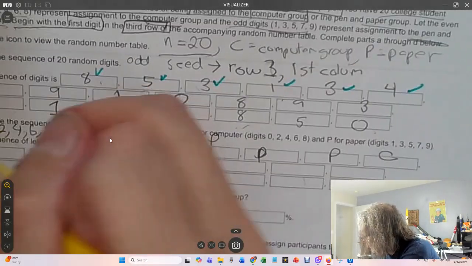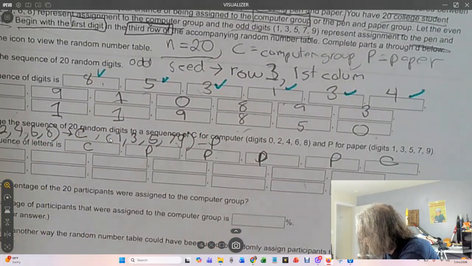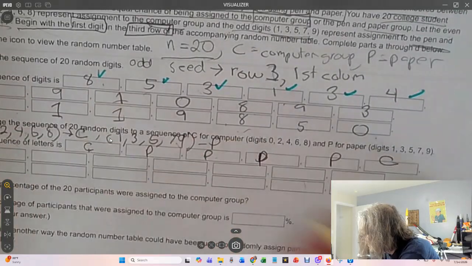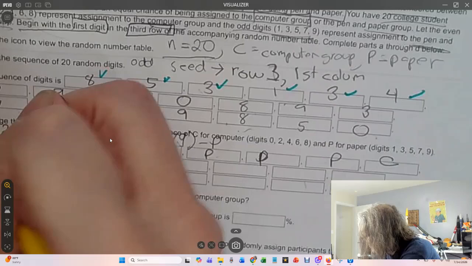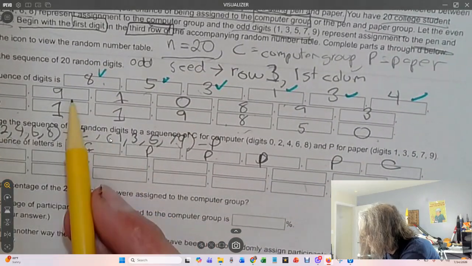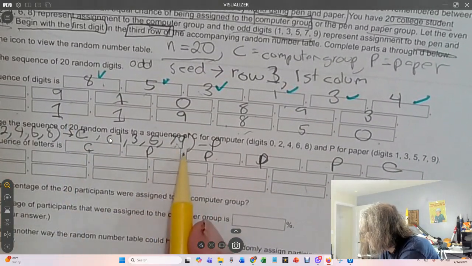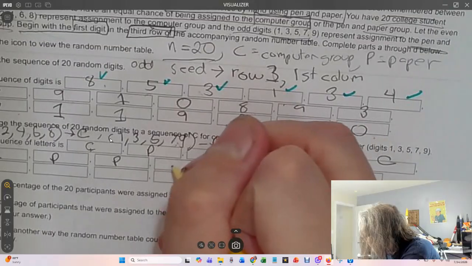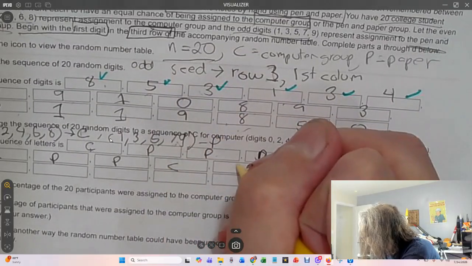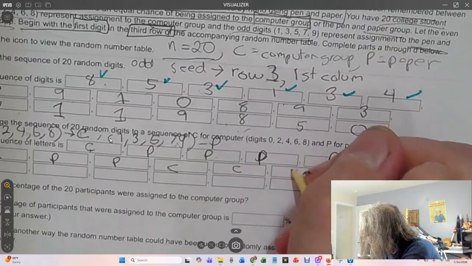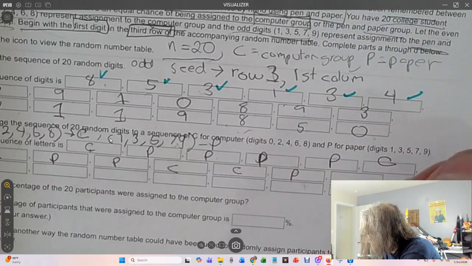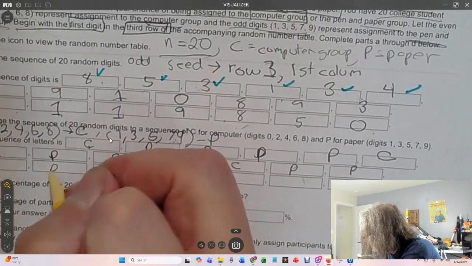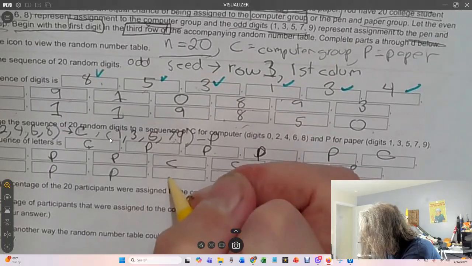Now 0 is even, so evens go to computer. Then we have 9, which is odd, would be paper. 1 is odd. 0 is even. 8 is even. 9 is odd. 3 is odd. 7 is odd. 1 is odd. 1 is odd. 9 is odd.